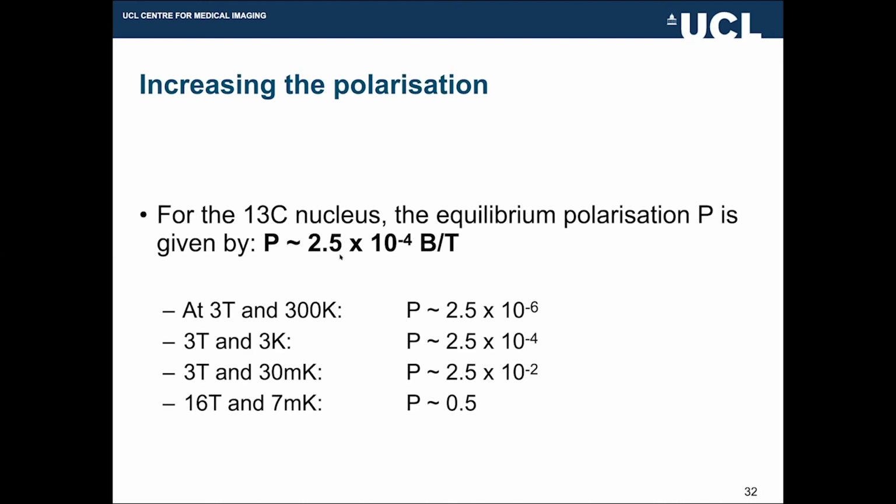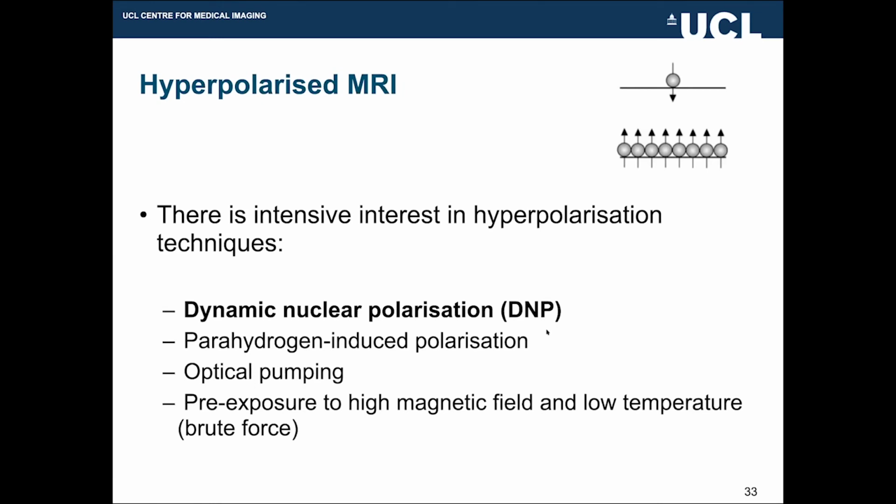And actually, if you look at the equation which demonstrates how much polarization you can get, if you can freeze the patient down to about 7 millikelvin, you'll get huge amounts of signal, although the thawing process afterwards might be impractical. So this is an easy way, but there are more complicated ways to do this, and there are a number of them. DNP, dynamic nuclear polarization, is the one that seems to be getting into clinical practice.